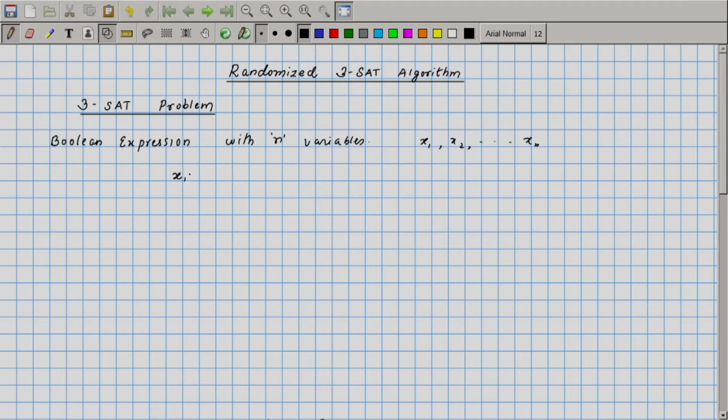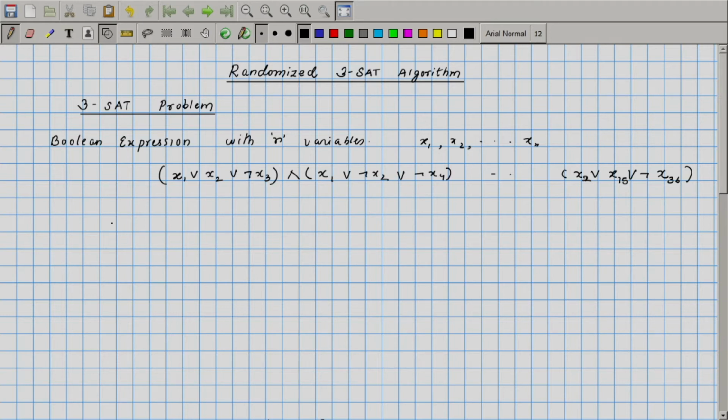Now, I can combine these variables and get a Boolean expression of this kind. This expression is an AND of ORs.